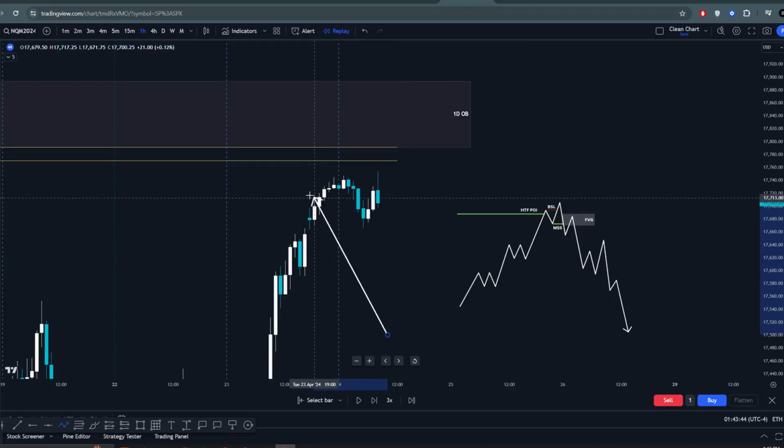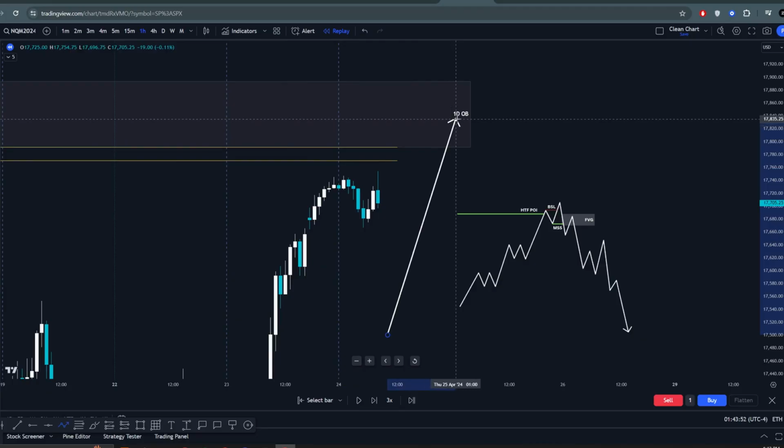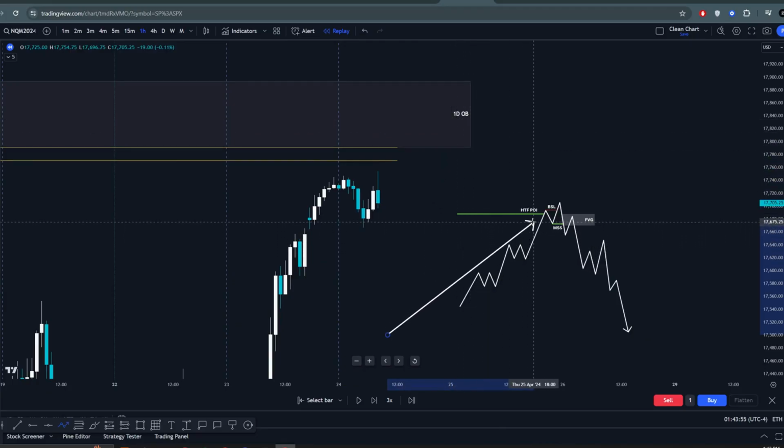This is our higher time frame point of interest. We have here the daily fair value gap and we have here the daily order block. Once the price reaches into that higher time frame point of interest, we might see a buy side liquidity in the lower time frame and we should wait for a market structure shift.